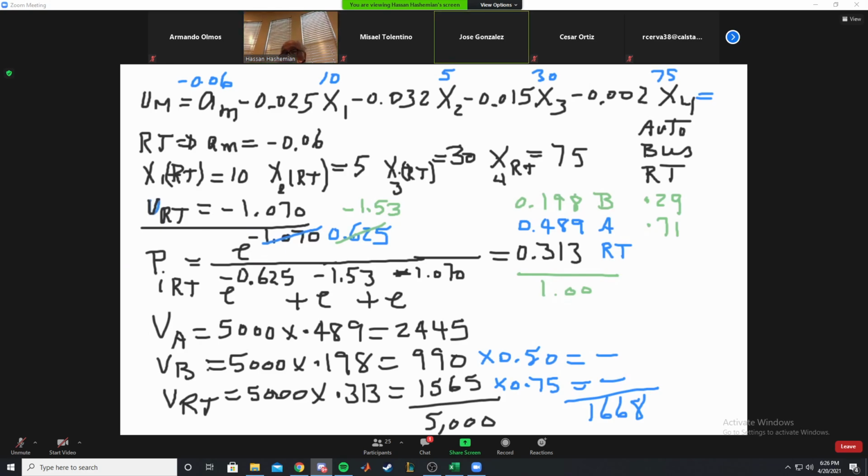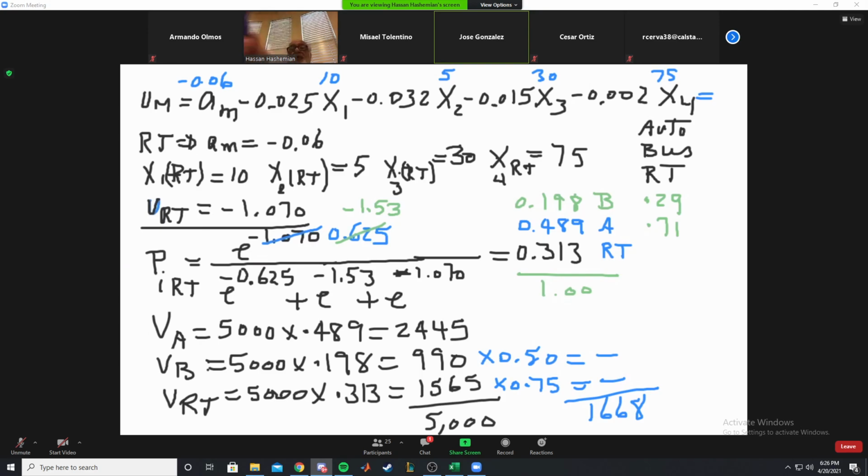Professor, are these equations in the book? No, it's not. Actually, your logit model is not in your book. The only equation you need is e to the power of Um divided by the summation of e to the power of Uk. That's all. What about the Um equation? Is that going to change?